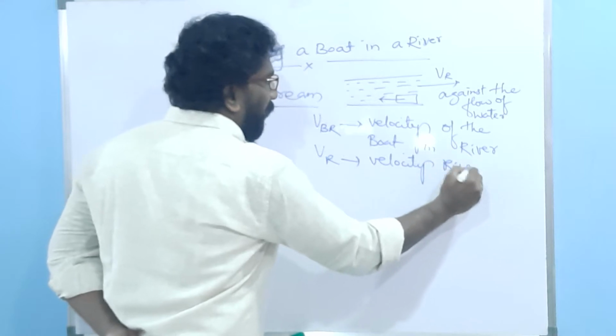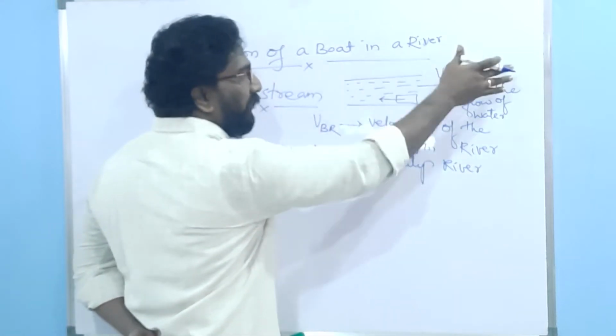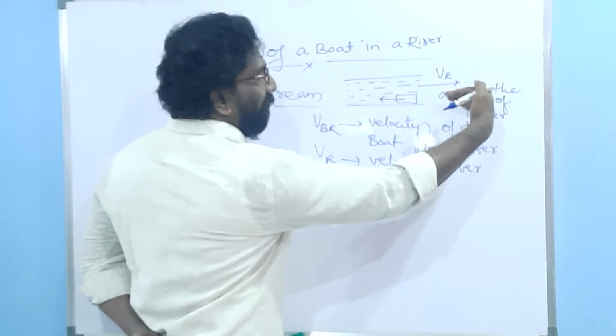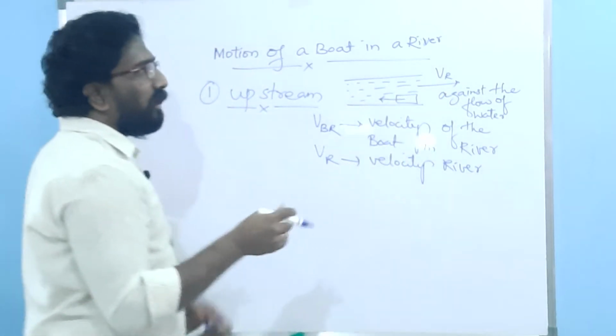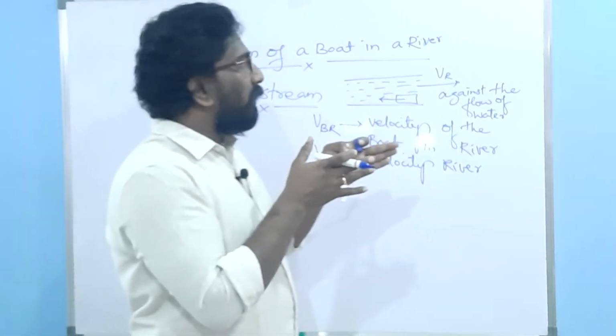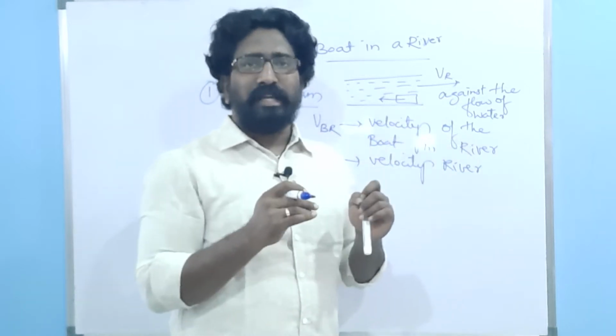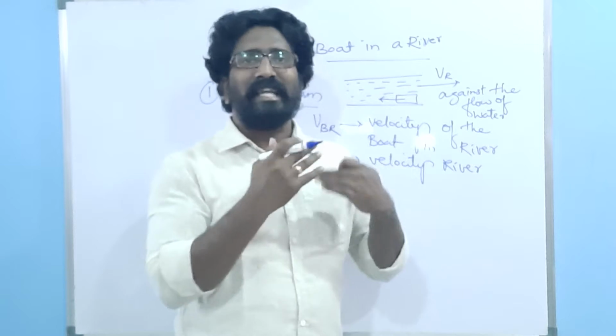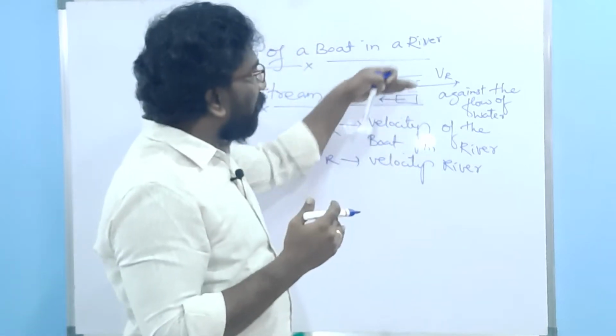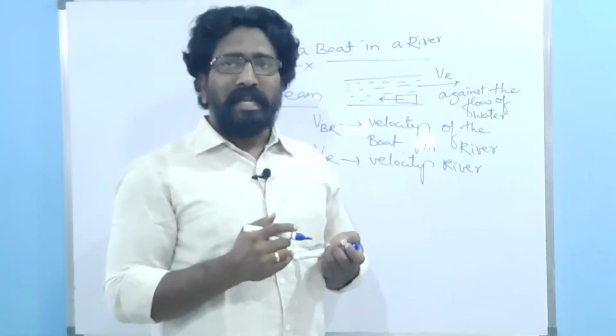Whenever your river is flowing in one direction and your boat is traveling in the other direction, both bodies are in opposite directions, which means the angle between these two is equal to 180 degrees.